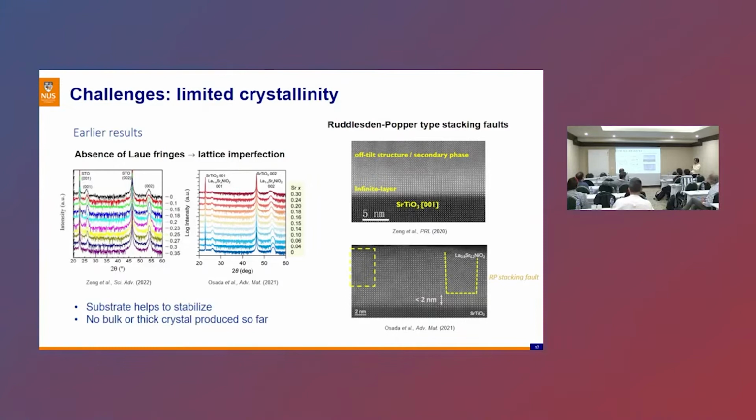We look into the so-called lower fringes in the XRD. Then using high resolution STEM, we try to confirm. Of course, this is going to be a very slow process, as you are aware, STEM is very tedious to do. And then, of course, resistivity is another hint that we can use to judge the quality of the sample, whether we are going to be able to produce superconductivity or not.